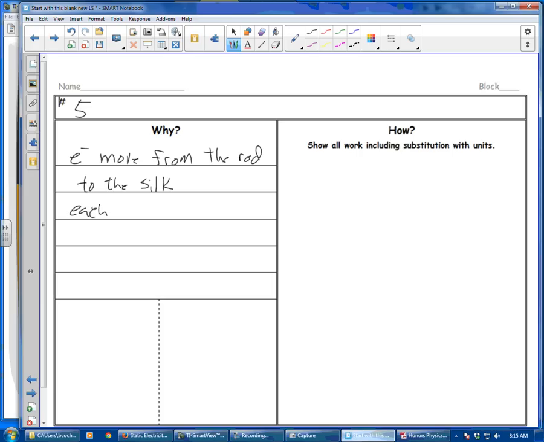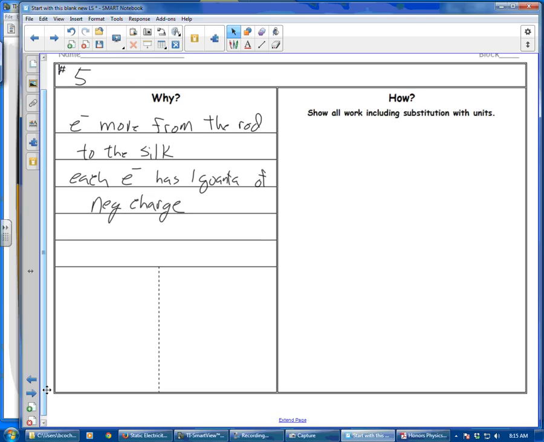Each electron has one quanta of negative charge. I think that's about all you really need for the Y there.